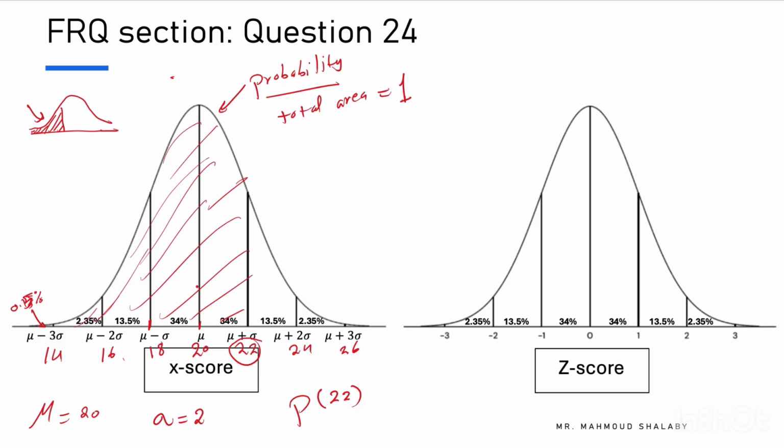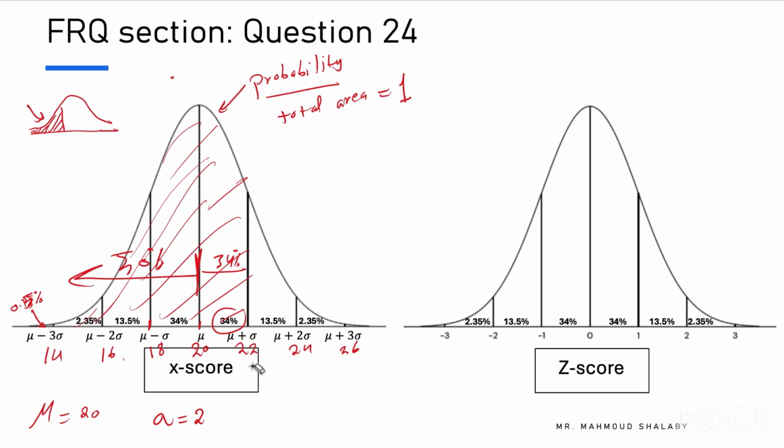When I stop here, this whole side is 50%, while from here to here is 34%. So to stop here, I will add both, so it will be 84%. So this is why we use the normal distribution graph to calculate the probability, and it's very easy now.